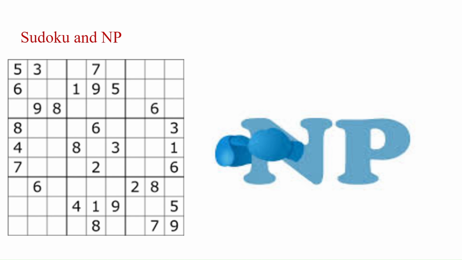We don't have an algorithm that can solve it quickly for every possible puzzle. It takes time and trial and error. So, Sudoku belongs to the class NP because its solution is easy to verify, but finding the solution is potentially hard. But here's where it gets more interesting.